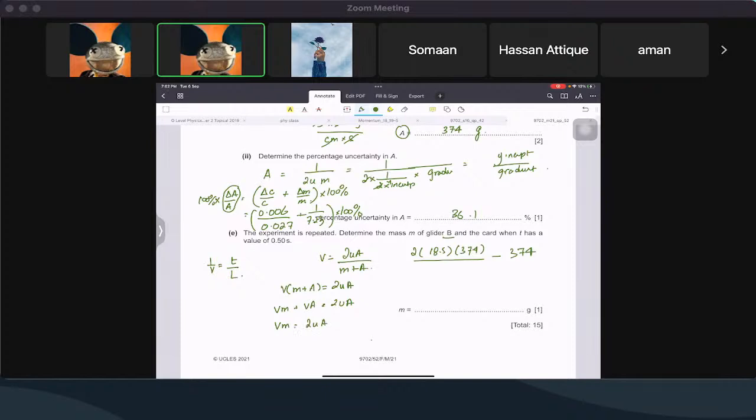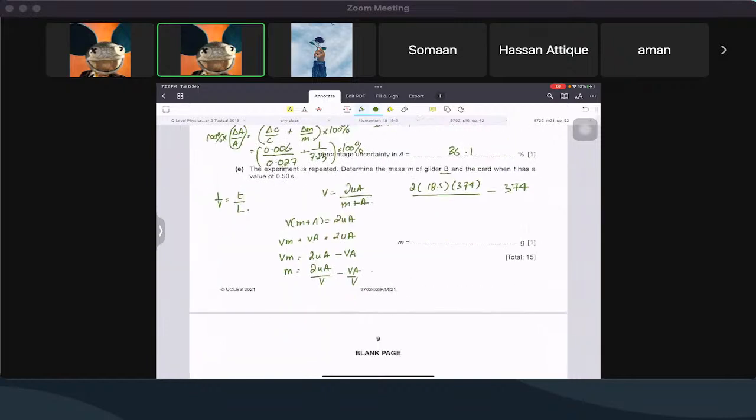This leaves me with minus va, and then when I divided by v, it will be 2ua over v minus va over v. So this v and v cancel out, so ultimately I got 2ua over v equals a. Is it clear, Kartika?